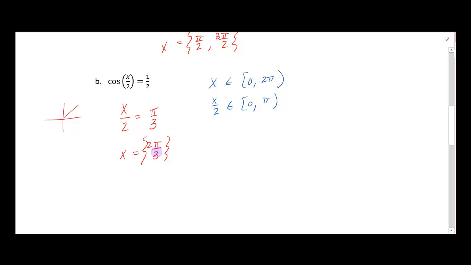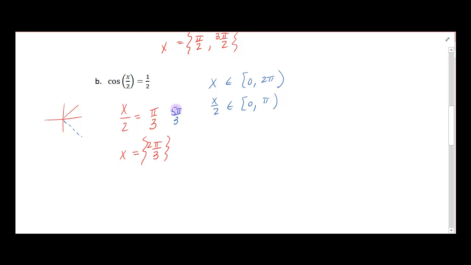If for some reason, let's just say you forgot about this interval right here, and I inadvertently wrote down this angle that's occurring in the fourth quadrant, which would be 5 pi over 3. Even though we know already that's not going to happen, but what if I forgot?